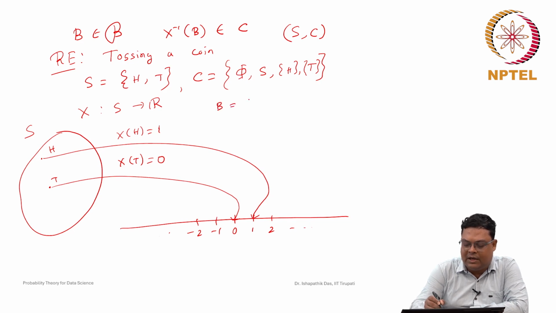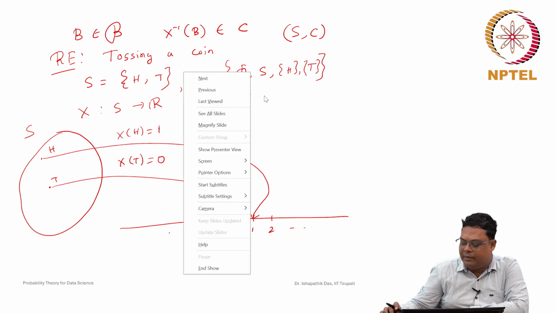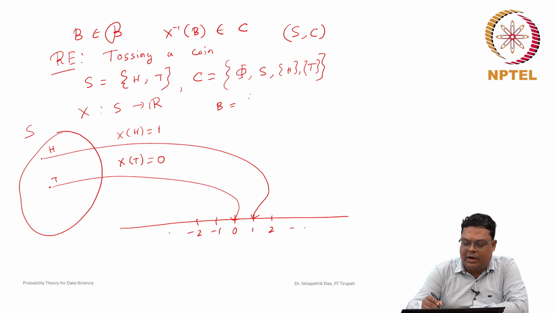Suppose B is a set, any interval you can take. Let us consider minus infinity to x, where x is a real number, any number. So for simplicity let us consider one real number, suppose it is minus 2, so minus infinity to 2, and this is a closed interval we will take. Then what will be X inverse of B?